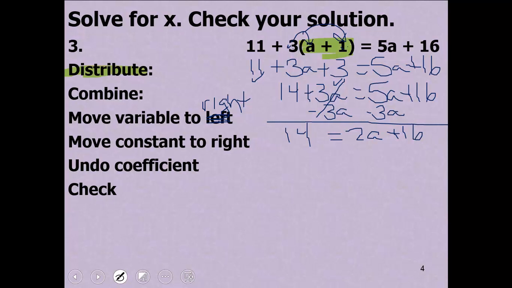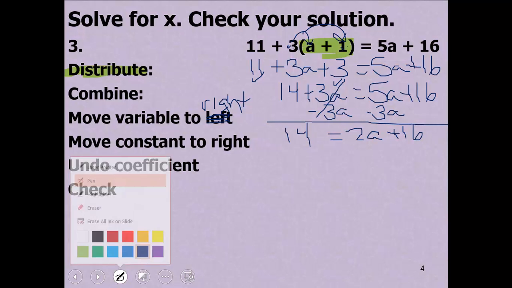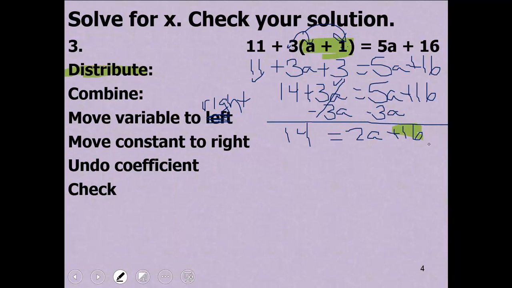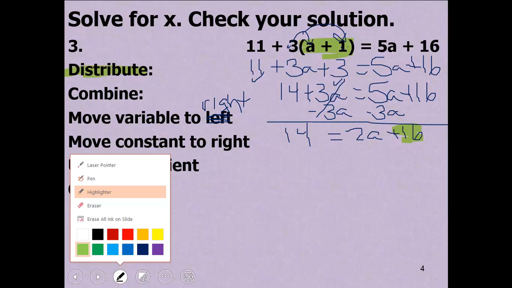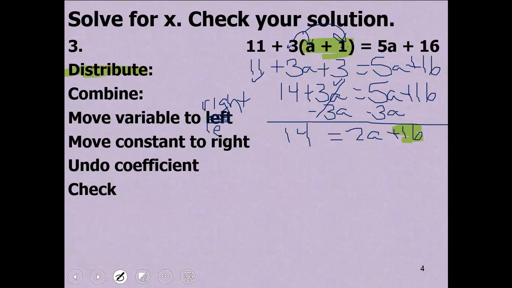Now I have to move this constant to the left by subtracting, and I get negative 2 is equal to 2a.